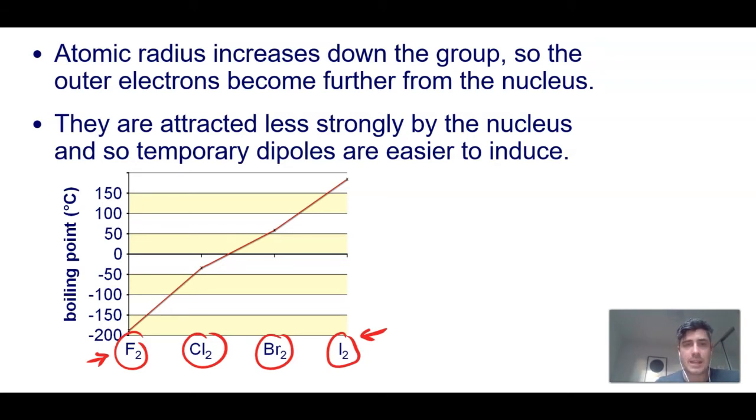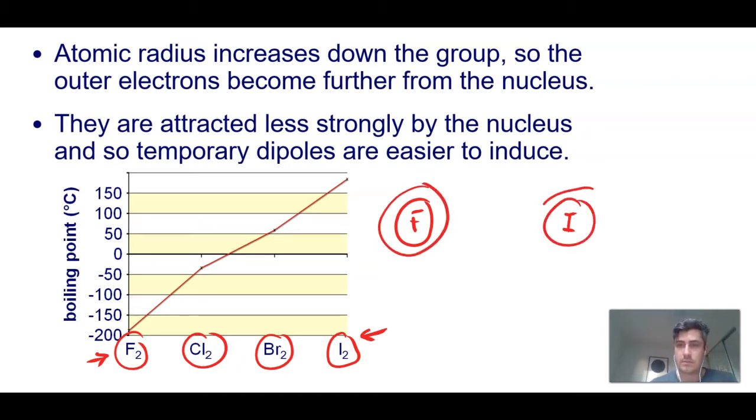And that can be explained because with more electrons and further out from the nucleus, iodine has a number more shells than fluorine. So fluorine has 2 shells, whereas iodine has 5 shells.